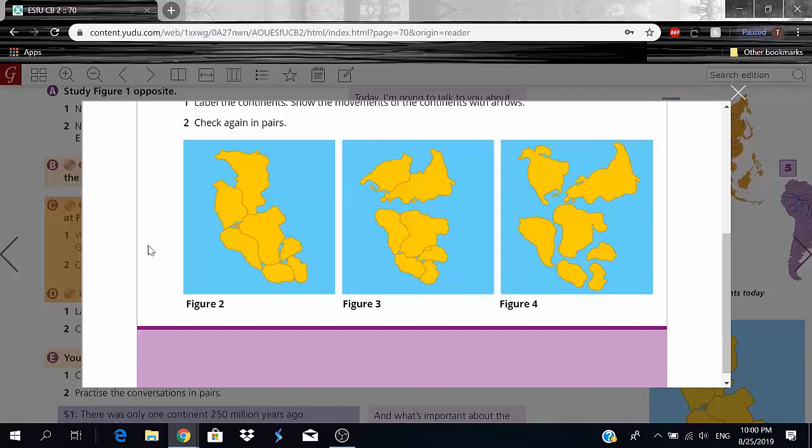That's Laurasia in the north and Gondwanaland in the south. The present continents of Europe, North America and Asia were in Laurasia, and South America, Africa, Oceania and lastly Antarctica were in Gondwanaland. And the subcontinent of India was also in Gondwanaland.